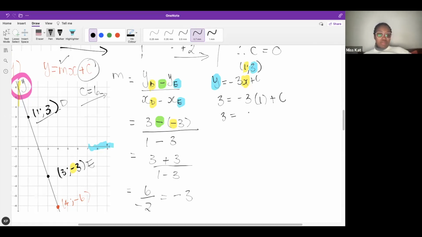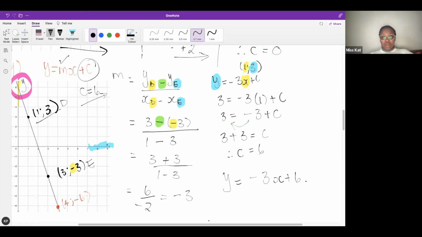It's -3 times 1. I'll answer you just now, Zianda. We need to finish this calculation. Thank you, guys. Plus c, -3 goes over, and it becomes a +3 equals c. Therefore, c equals 6. So my equation is y equals -3x plus 6.